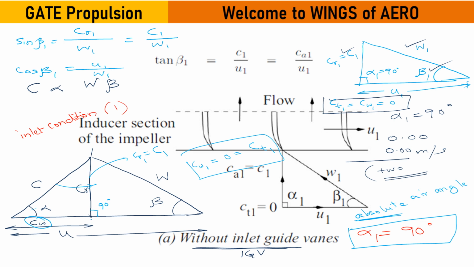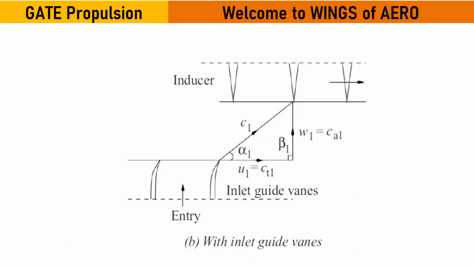Now we will move to the with inlet vane configuration. Without inlet vane configuration is just the reverse case. Here the beta 1 is going to be 90 degree. Let me clarify one thing: inlet guide vane means this IGV we are going to see in an inlet condition, or upstream condition.